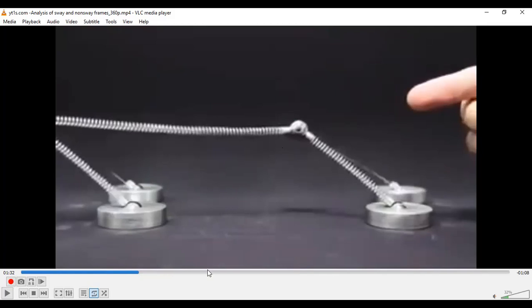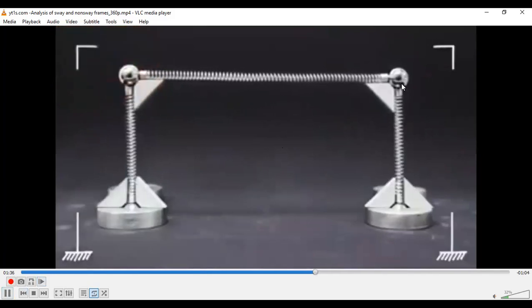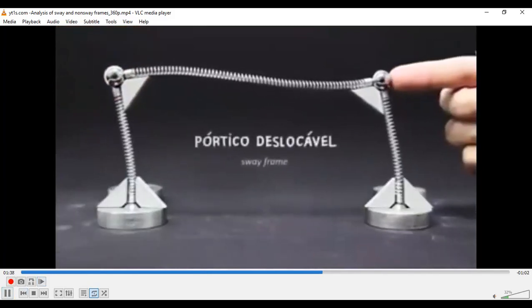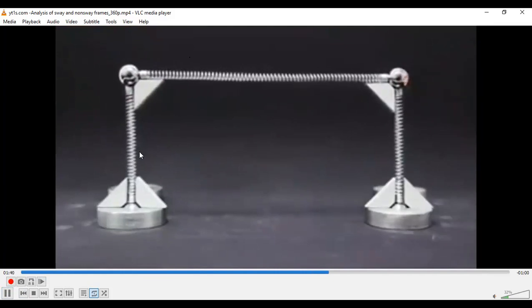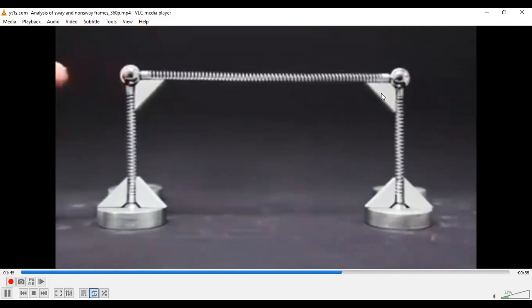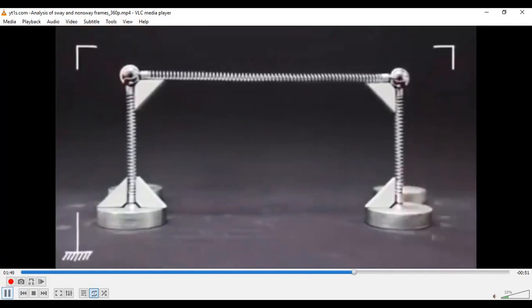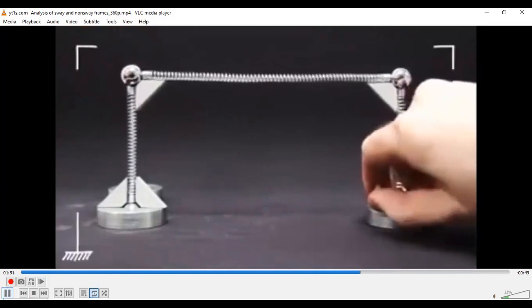But if you apply a rigid joint, it does not change its shape. It's like a fixed joint. You can see it keeps 90 degrees, with strong support conditions, so there will also be bending moments.